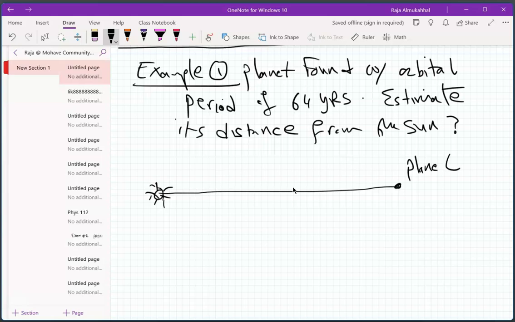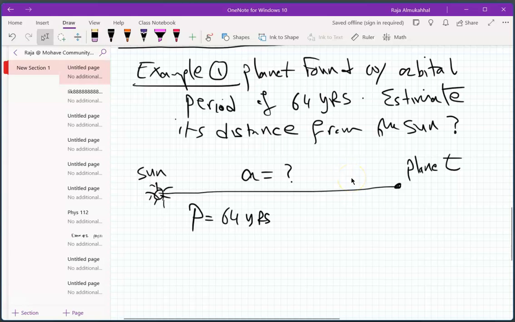And the distance between the planet and the Sun is, oh, I'm sorry, we don't know what it is. So we don't know what a is, but we have been observing the planet, and we discovered that the period of this planet, P, is 64 years. Now, with this information, if we know that the period is 64, how far is it from the Sun? You see what I'm saying?